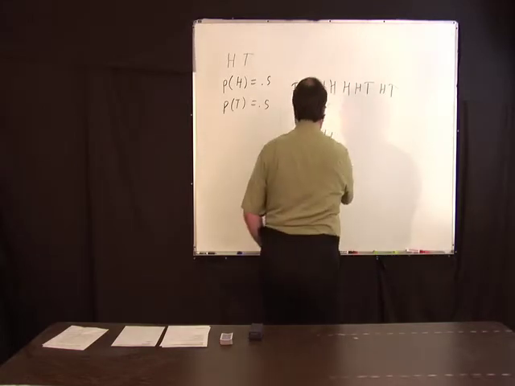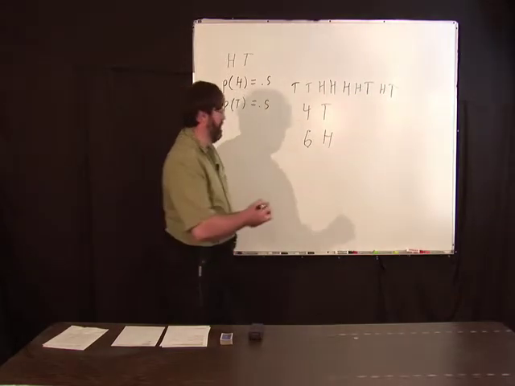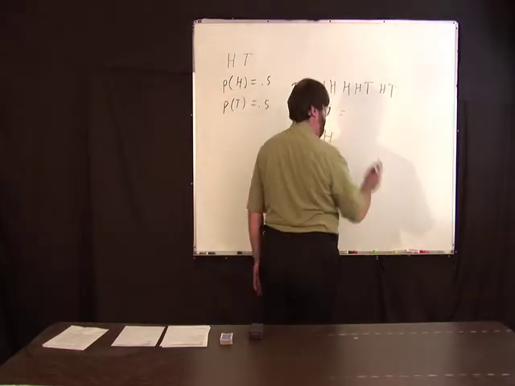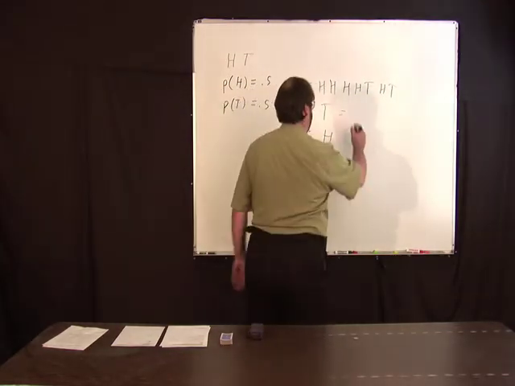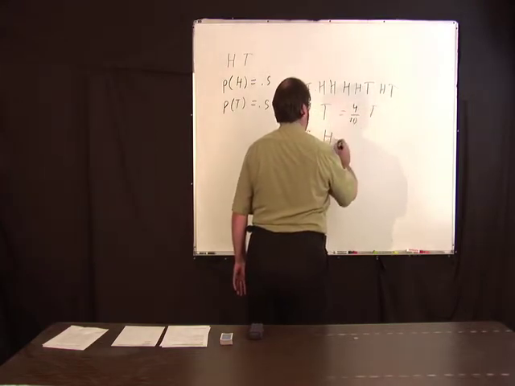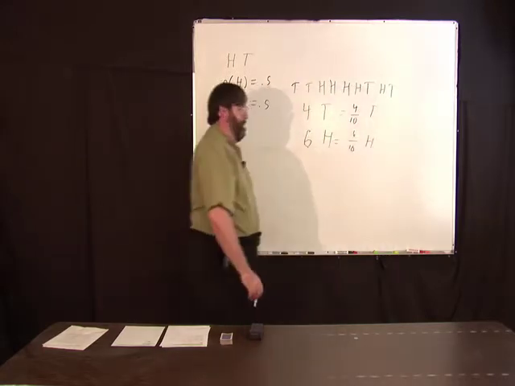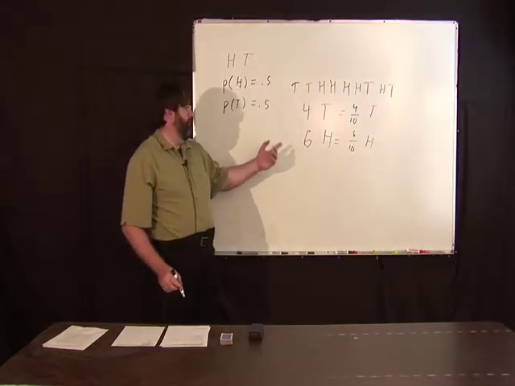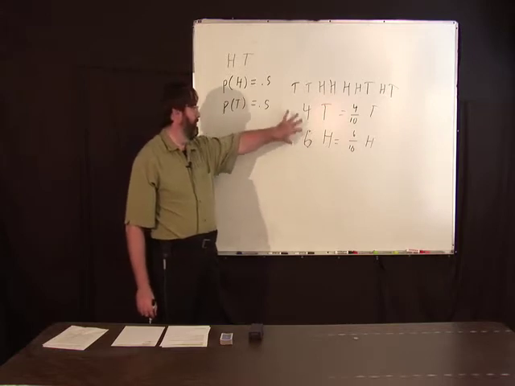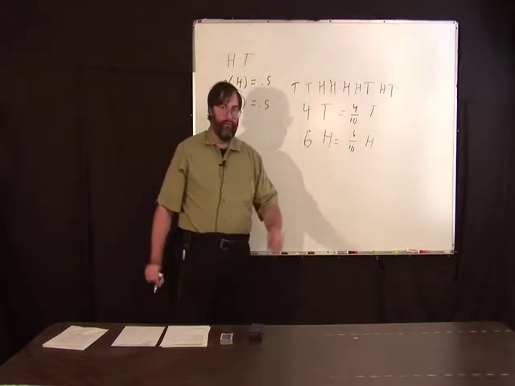Okay, so there's 6 heads, 4 tails. So you could conclude maybe this measurement of the probability is that 4/10 of the time it's tails and 6/10 of the time it's heads. Well, I can guarantee you that if I flip it more and more, this will get closer and closer to half, unless this coin's not fair, and I have no reason to believe it's not.